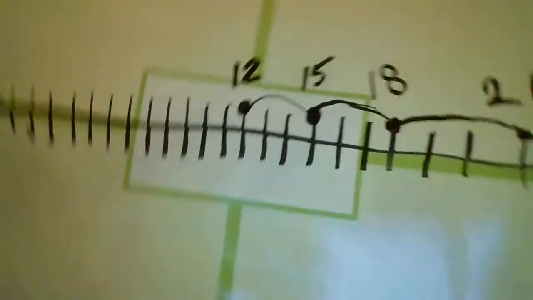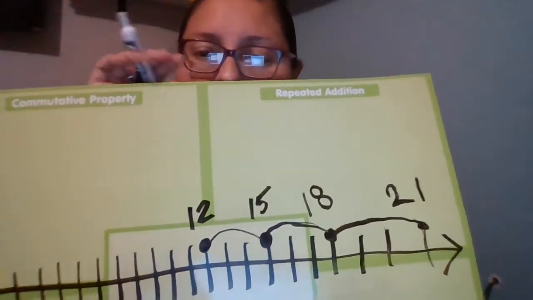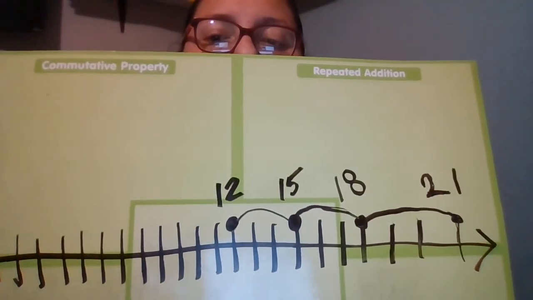From 15, jump 3 more. Here you go. We're at 12. And I'm going to keep going till I reach 0. 3 more. 3 more. 3 more.